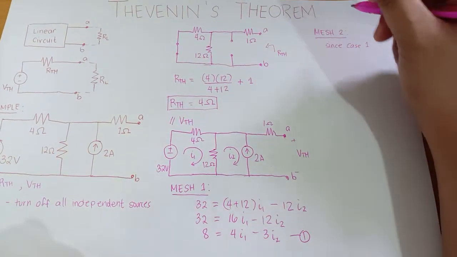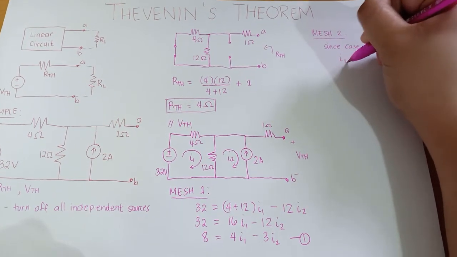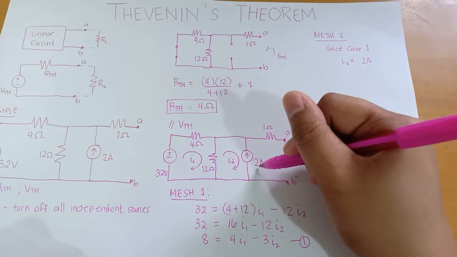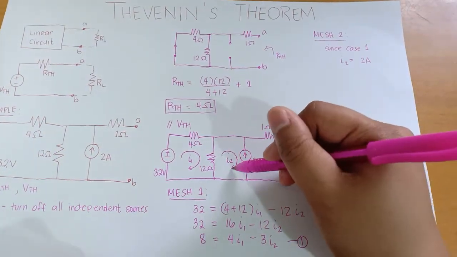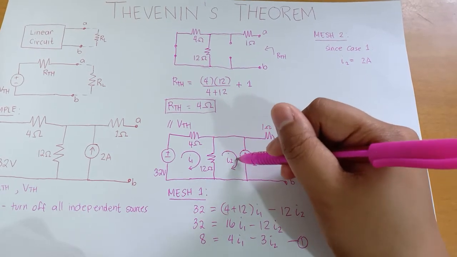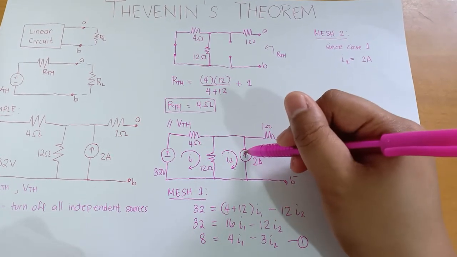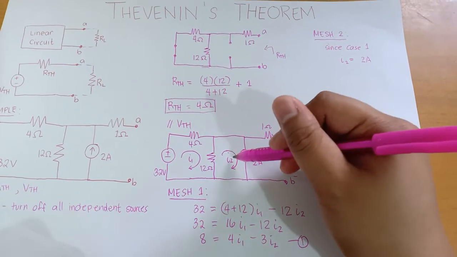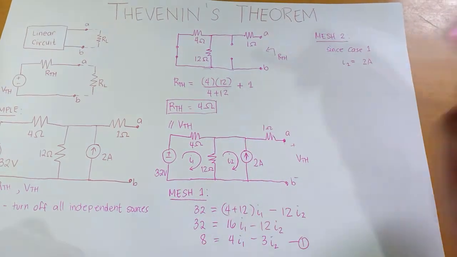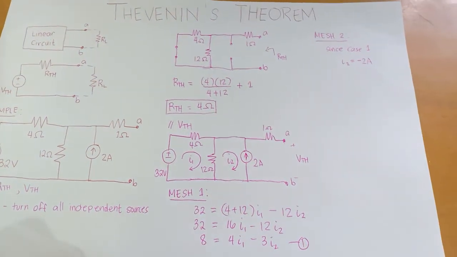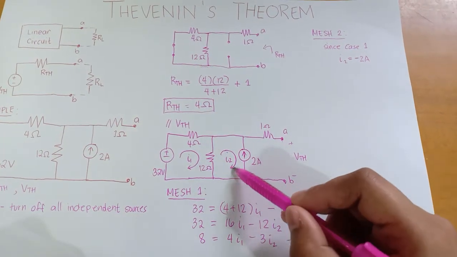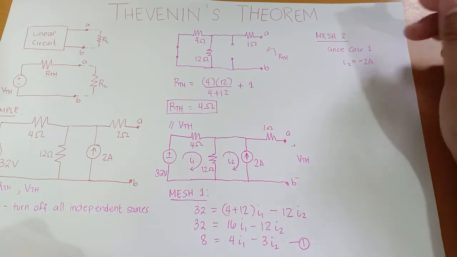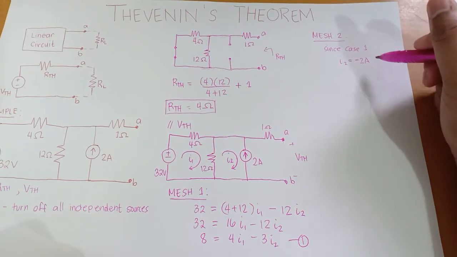So, since case 1, ang ating I2 ay automatically equal na siya dun sa ating current source. Kaya lang, since opposing yung kanilang current direction, itong I2 ay papunta dito, yung sinet natin, tapos yung actual na direction ng ating current source is opposite. Therefore, negative 2 amps. Okay? Kasi, opposing siya dun sa current flow ng I2. Kaya, negative 2 amperes.